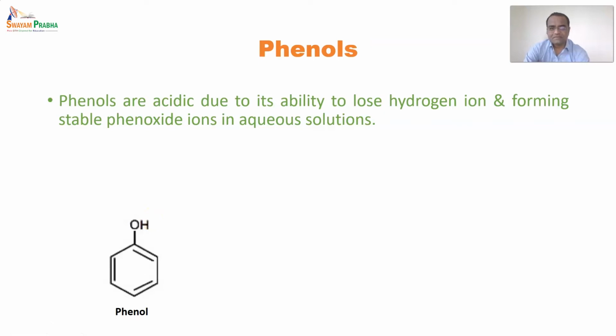One of them is the Bronsted-Lowry theory. The Bronsted-Lowry theory describes that a molecule or compound which can donate H plus ions is said to be an acidic compound. In similar fashion, phenol does the same thing, it donates an H plus ion, and so it is said to be acidic in nature.